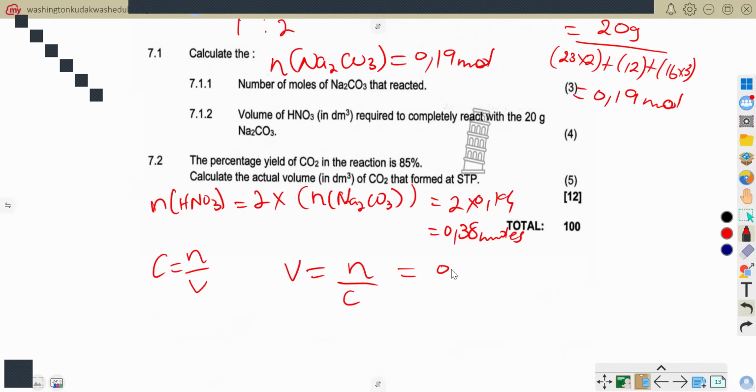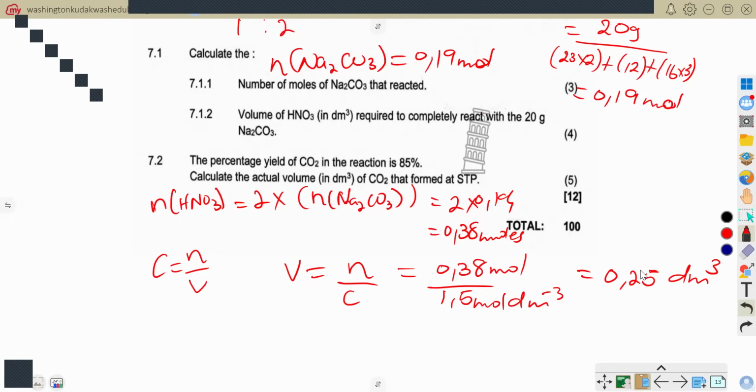My number of moles is 0.38, divided by 1.5, which is moles per decimeter cubed. So the value that I'm going to find has to be in decimeter cubed. If I divide that by 1.5, I should find 0.25 decimeter cubed.